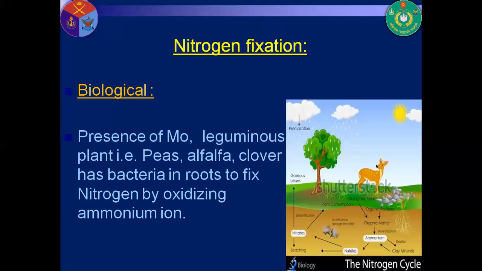So it occurs automatically and biologically. This function occurs in the plant. Suppose in the case of bean, it has symbiotic bacteria which can fix nitrogen automatically, and it can produce food.